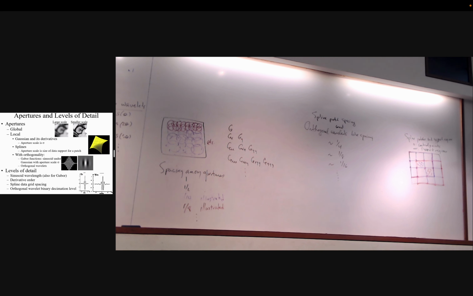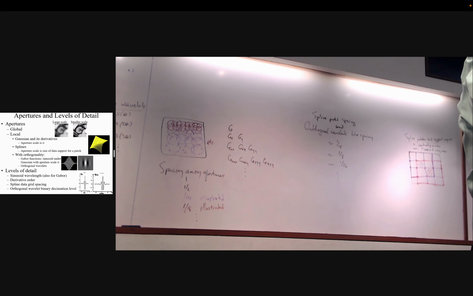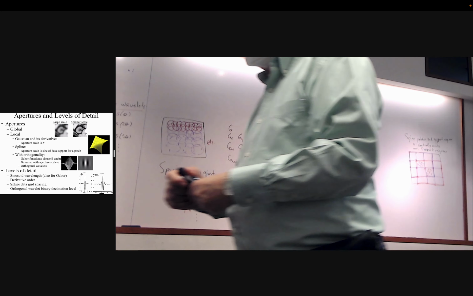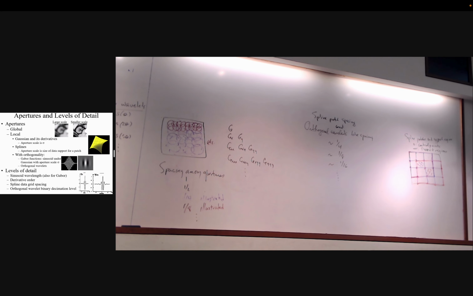As you scrunch this function, this kernel, if you will, by a factor of 2 down, the wavelength is also halved. The coverage is halved, the aperture is halved, and the wavelength is halved. And we're going to see that this idea of having the wavelength change in proportion to the aperture is going to be a pretty good idea.